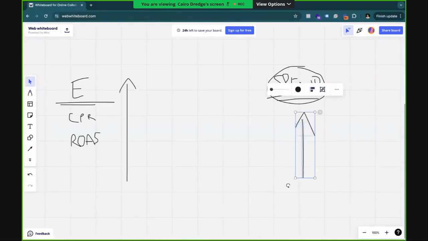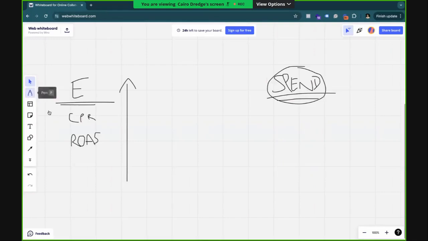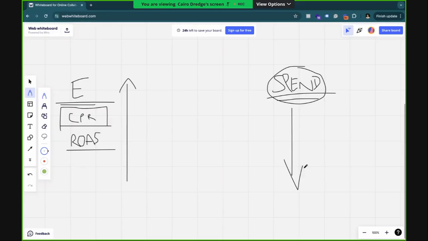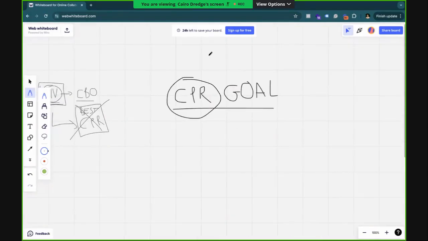So some of you might be thinking, okay, what happens if we're saying that we need a certain CPR? What is going to happen if we select this idea that we need to hit a certain CPR for Facebook? Well, that means that spend control comes down, meaning that we could set the spend at whatever we want to, but it's only going to spend when it thinks it can satisfy the CPR goal.